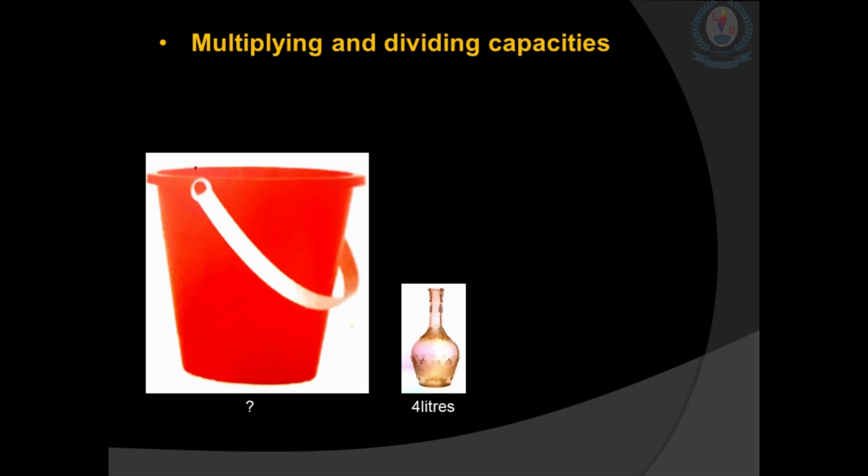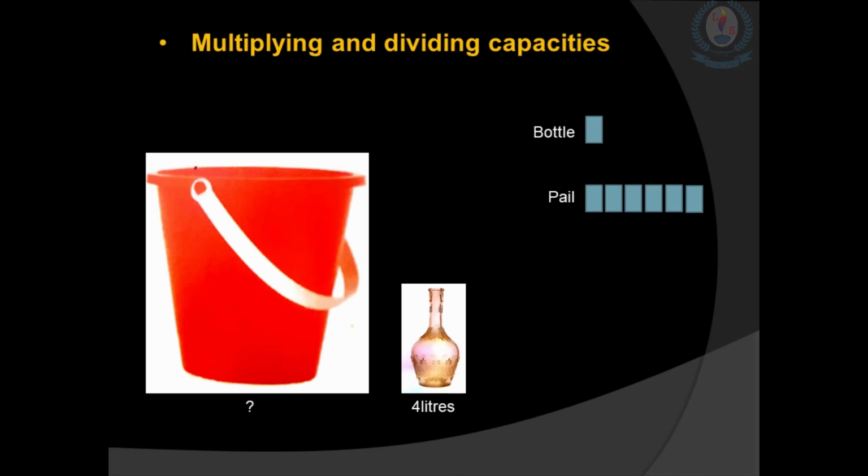Let's find the capacity of the pail. If we take the capacity of the bottle as 1 unit, we know that the capacity of the pail is 6 times the capacity of the bottle. We know 1 unit is equal to 4 liters.